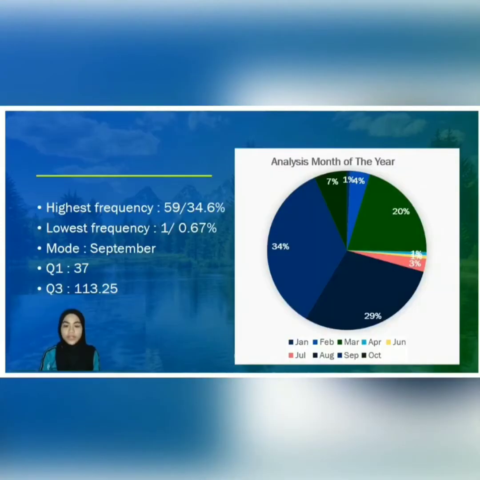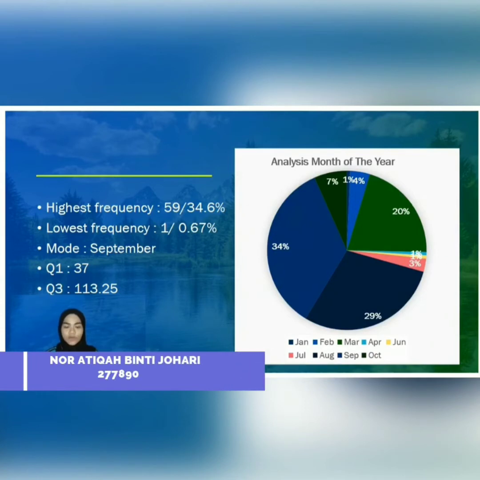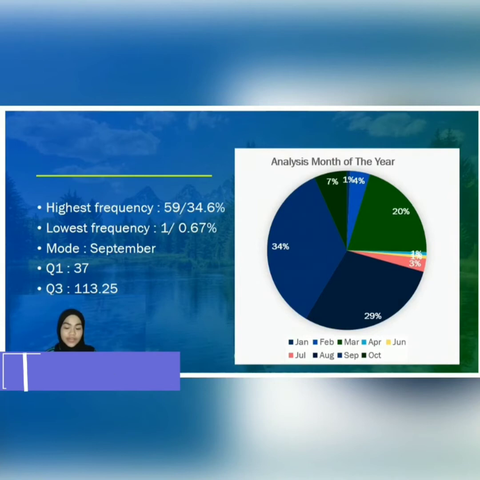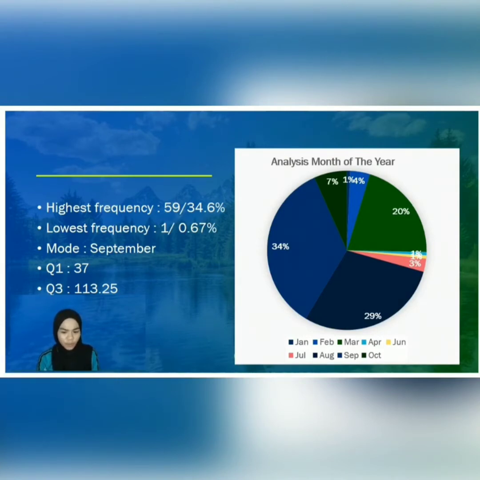For the data analysis result for analysis month of the year of forest fires, first, the highest frequency is 59 over 150, which is 34.6%, and the lowest frequency is only 1, which is 0.67%.